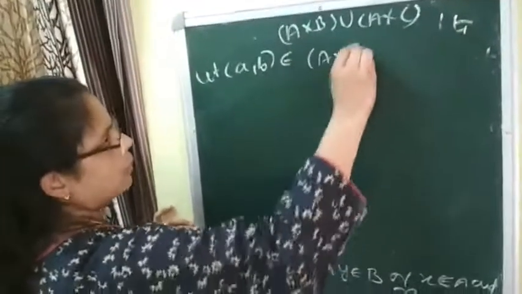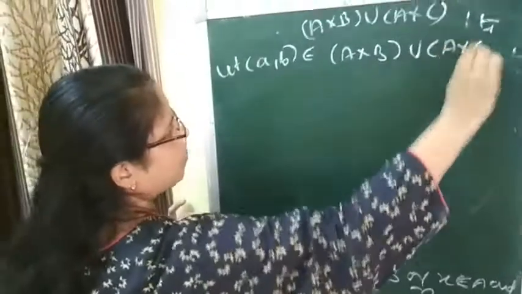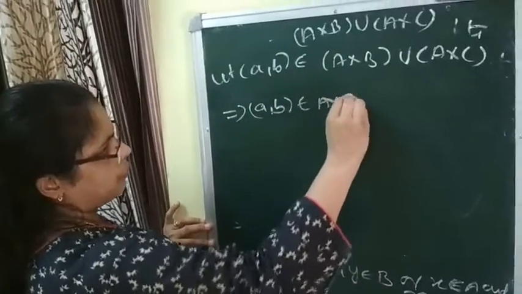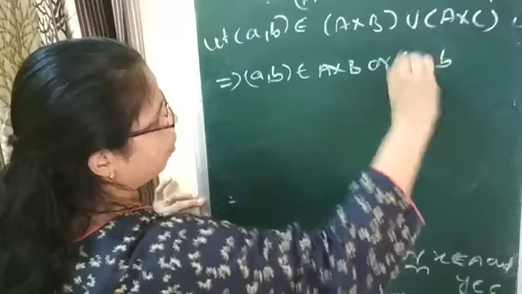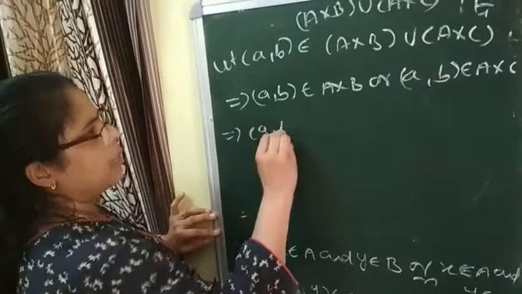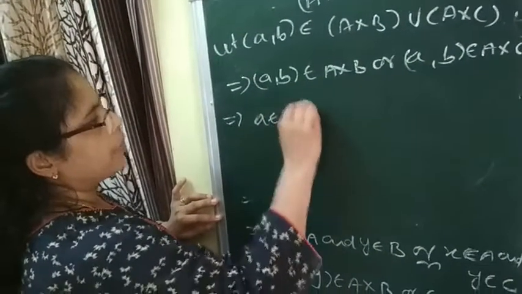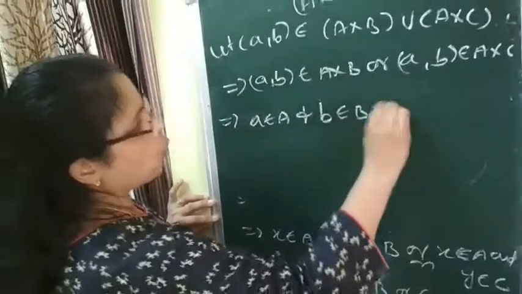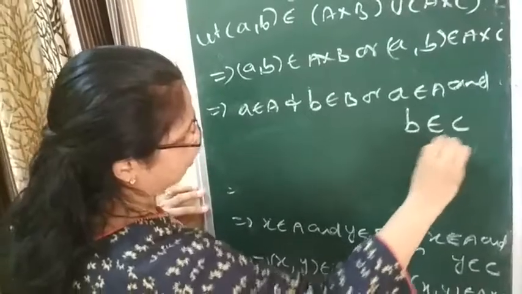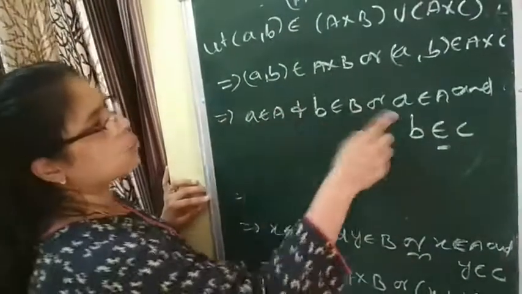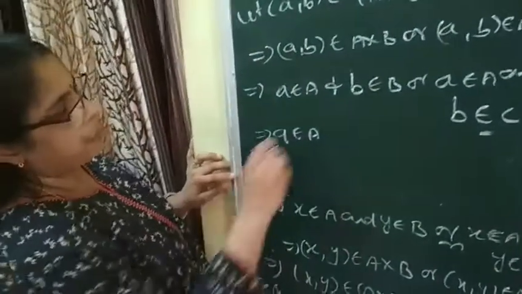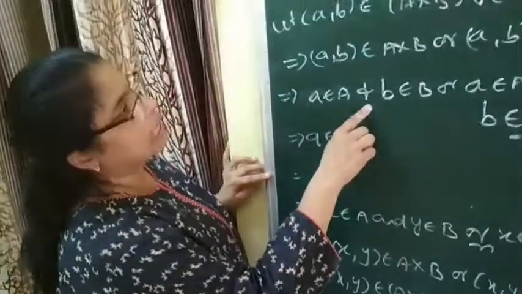to (A into B) union (A into C), that implies ab belongs to A into B, union means or, ab belongs to A into C. Now again open by partition product: a belongs to A and b belongs to B, or a belongs to A and b belongs to C. Now from these two terms a is coming common, you can take it as common. a belongs to A. Now what do we have to bring?